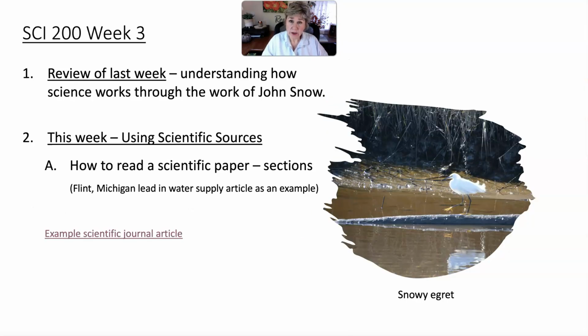Last week you learned about the process of science, and you did a lot of reading in your Sumo web text about the cholera epidemic that was in London in the 1800s. It was caused by poor sanitation practices and the fact that they were dumping sewage into the Thames River and then using some of that contaminated water as the source of their drinking water, which is disgusting if you think about it.